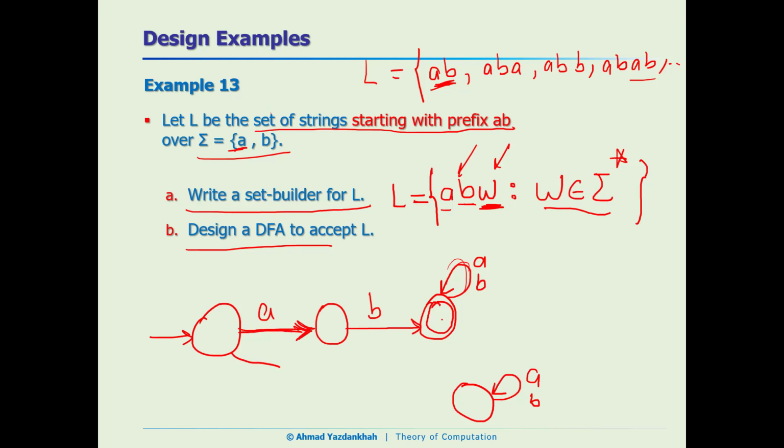We need another B to the trap. So B goes here. How about here? Yeah, B goes here. If it is A, go here. Do we need anything from here? No, because A or B needs to be looped here. It already has an outgoing for A and an outgoing for B, right? So this is our design here.